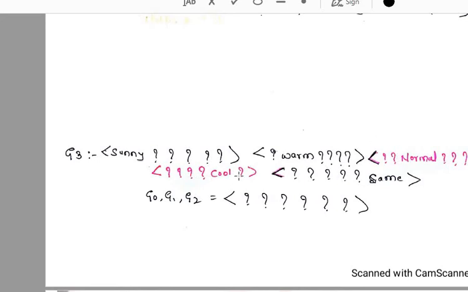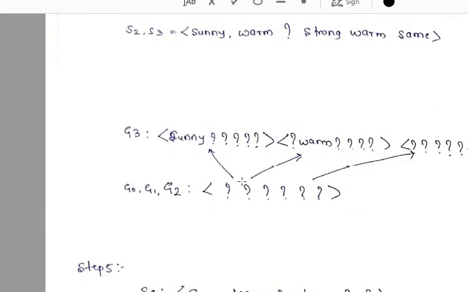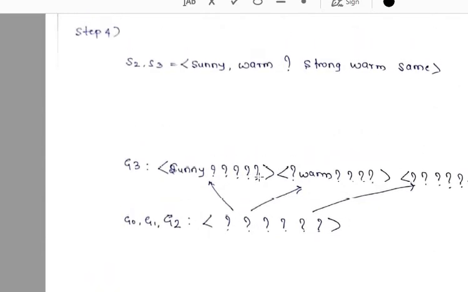The first one and second one we will not consider in the next step. I think this point is clear, why I have written in pink color. So in the next step we have removed those pink words and just taken the three values: sunny, question mark, question mark, warm, and the last one question mark, and that is same.